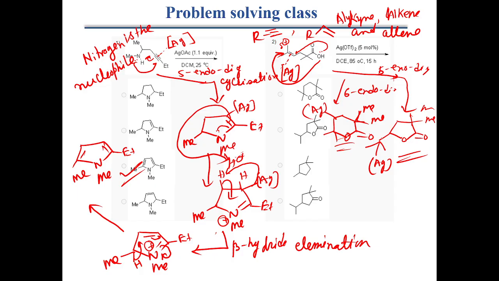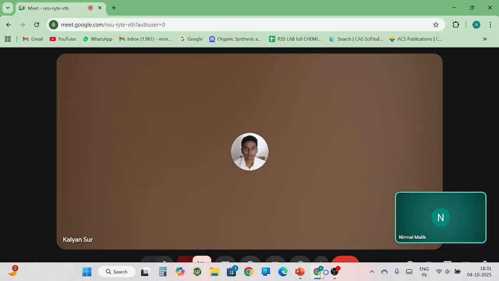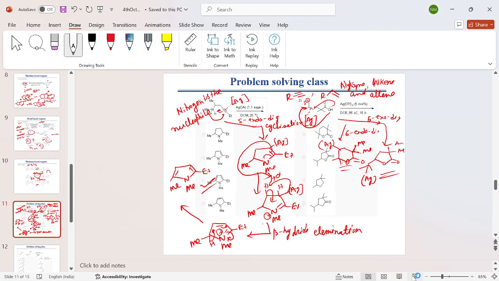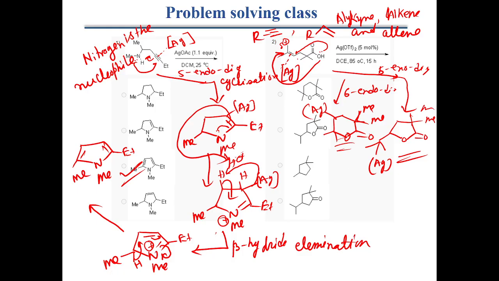So now what happens? In these cases both methyls are substituted, so this goes via 6-endo. After that, protodemetalation happens.